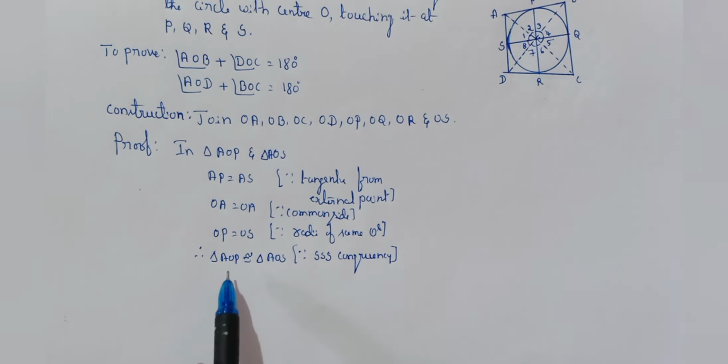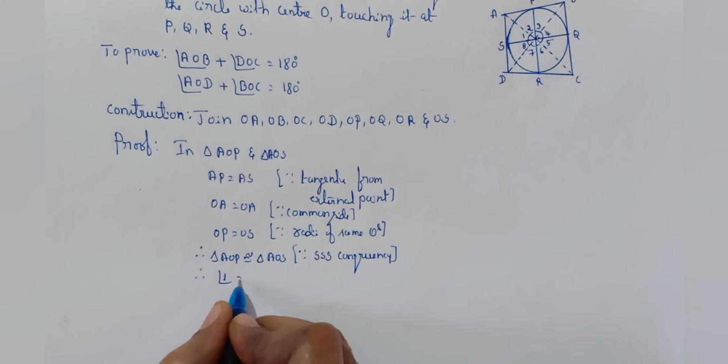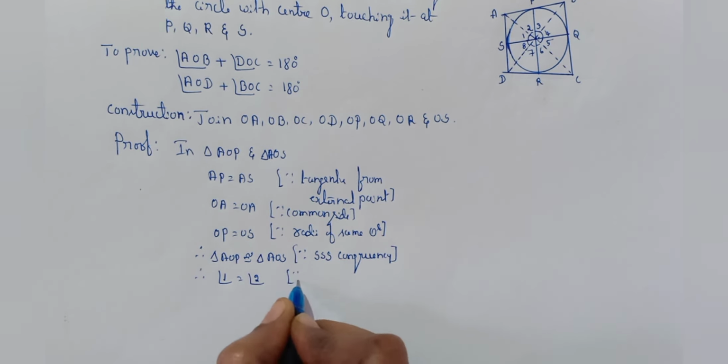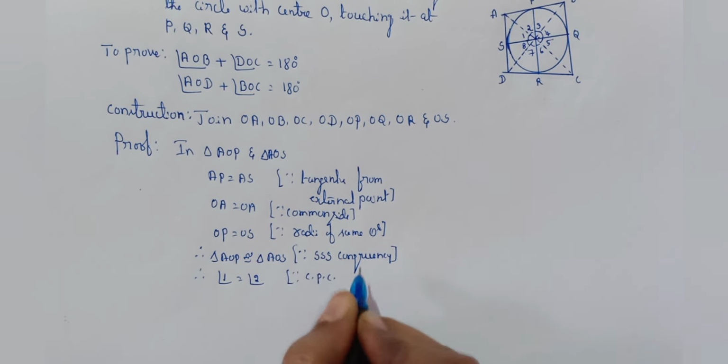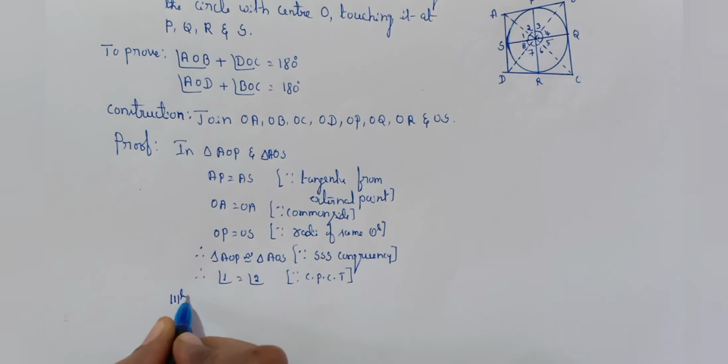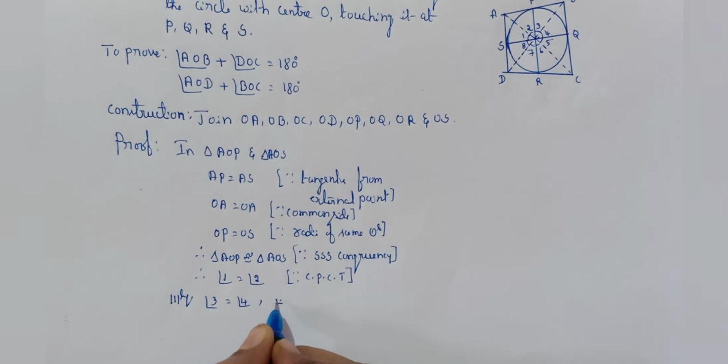Since the triangles are congruent, the corresponding parts of the congruent triangles are equal. Therefore, angle 1 is equal to angle 2, CPCT. Similarly, angle 3 is equal to angle 4, angle 5 is equal to angle 6, and angle 7 is equal to angle 8.